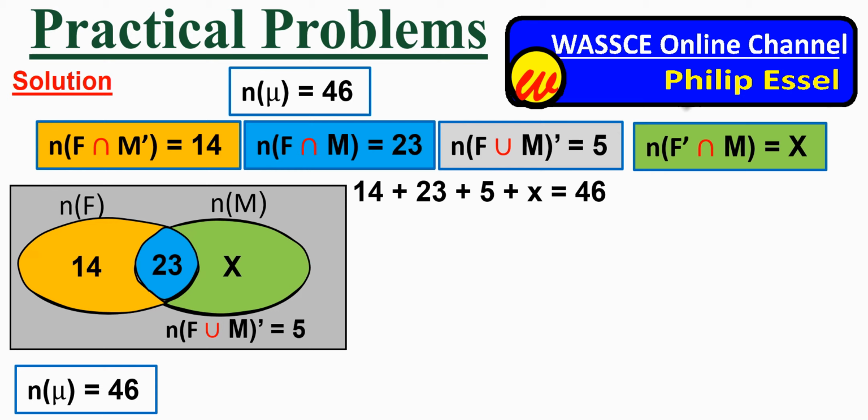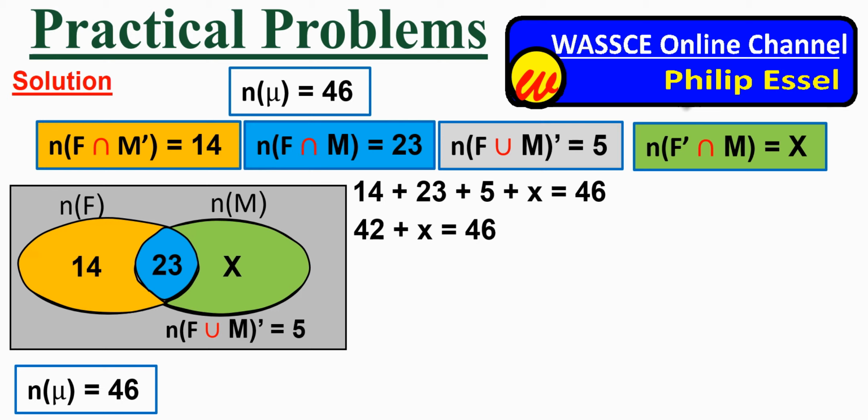We equate all of the equation to 46, which is the total number of students in this class. So at this point we have a simple linear equation, and from it we can solve for the value of x. First we add 14 plus 23 plus 5. When we do that, we get 42. So that gives us 42 plus x equals 46.